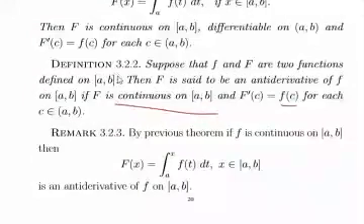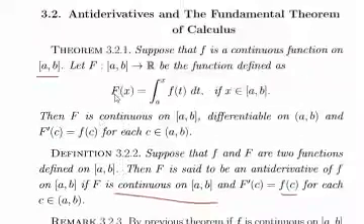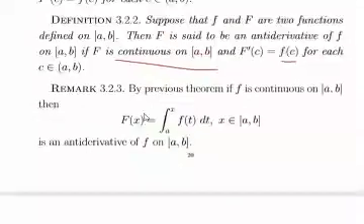So from this definition we can see that uppercase F is an antiderivative of lowercase f. Right? This is the remark. So by the previous theorem, if f is continuous on closed interval a, b, then capital F defined as this is an antiderivative of lowercase f on the closed interval.